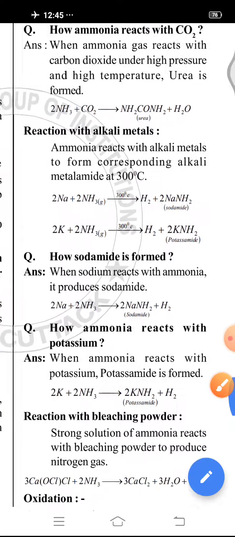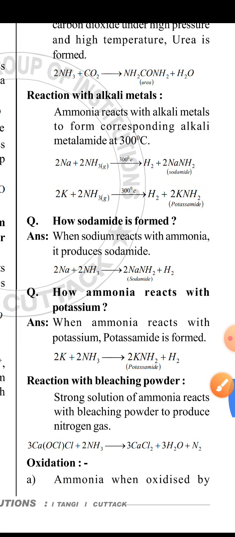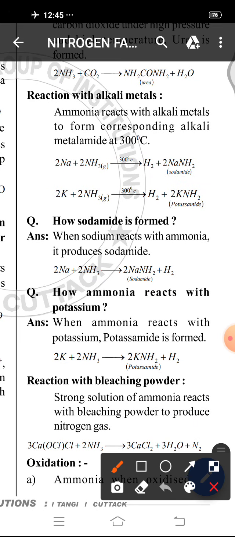Then comes the reaction with alkali metal. When ammonia reacts with alkali metal like sodium or potassium, then the corresponding metal amide is formed at 300 degrees Celsius.